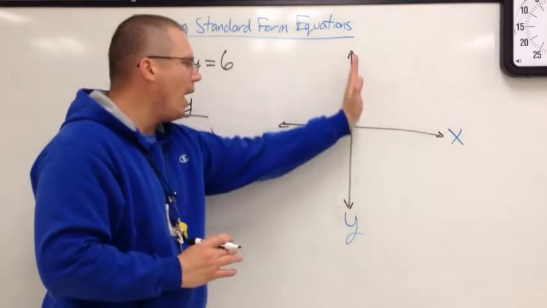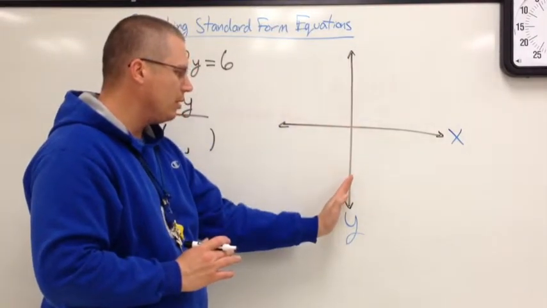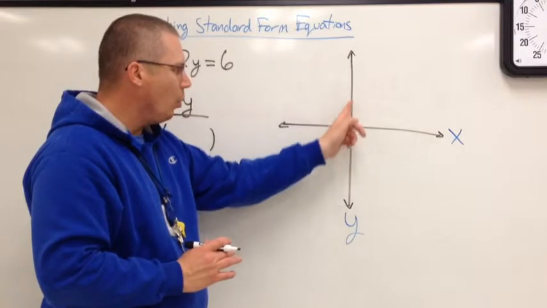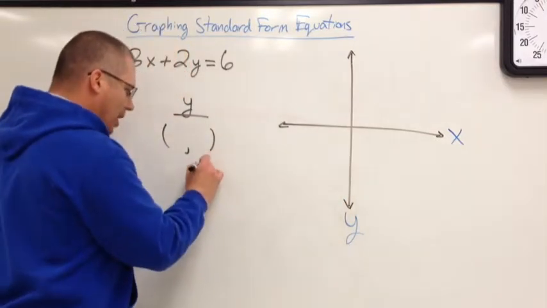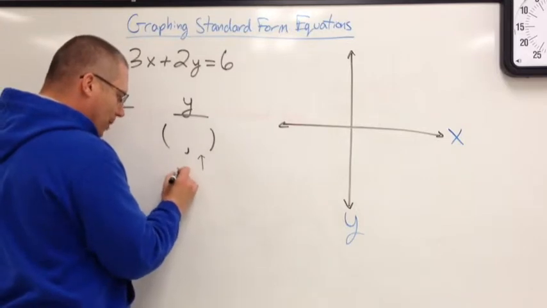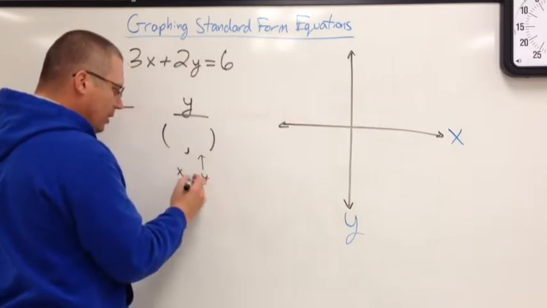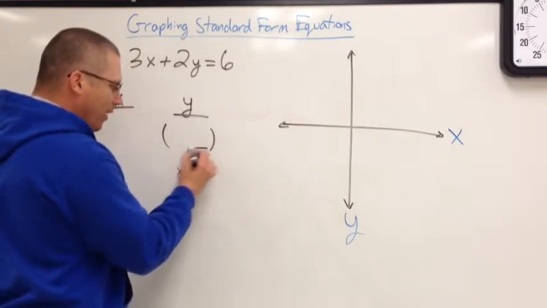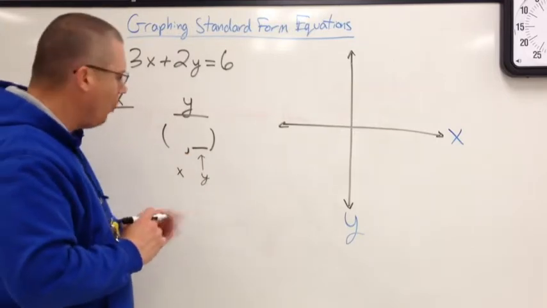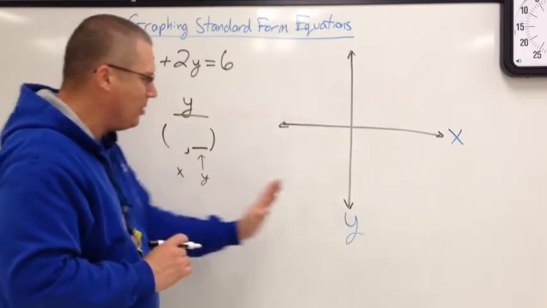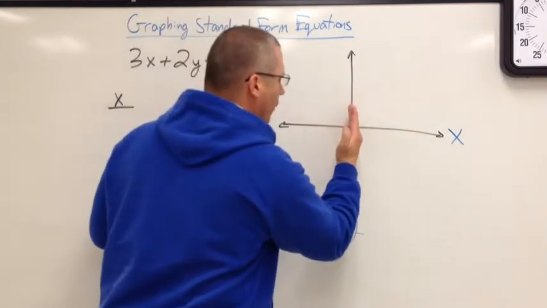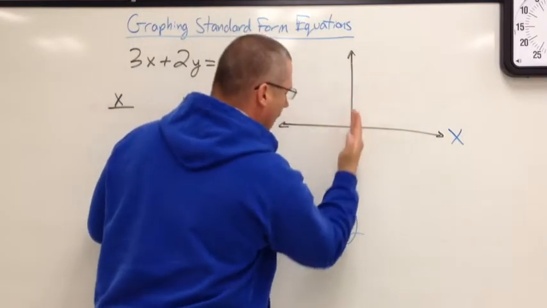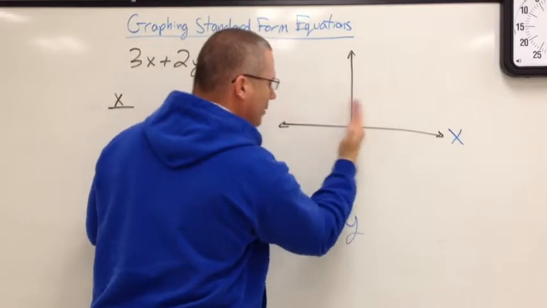If it's on the y-intercept, what we're trying to find is the y number. Remember, my ordered pair is an x and a y. What is the x location on the y-intercept? How far is it from the y-axis, right or left?